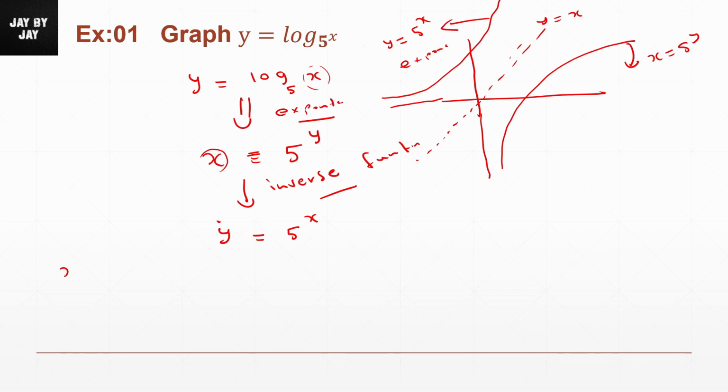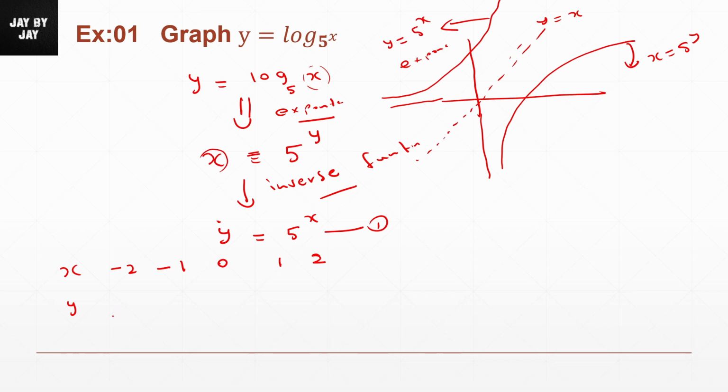So let's take the x and y values. Let's find out. I will take -2, -1, 0, 1, 2. If you substitute these x values into equation number 1, you need to find out the y values.